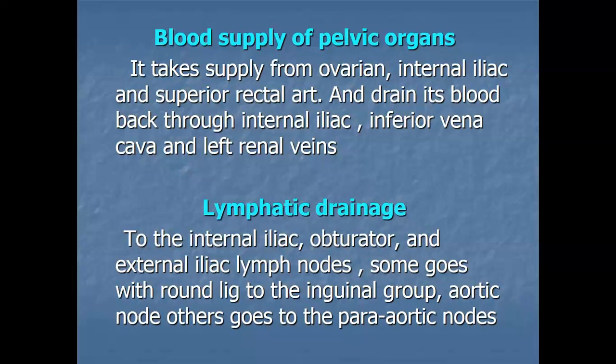Lymphatic drainage is to the external and internal iliac lymph nodes and the obturator lymph nodes. Some goes with the round ligament to the inguinal group, aortic lymph nodes, and others pass to the para-aortic lymph nodes.